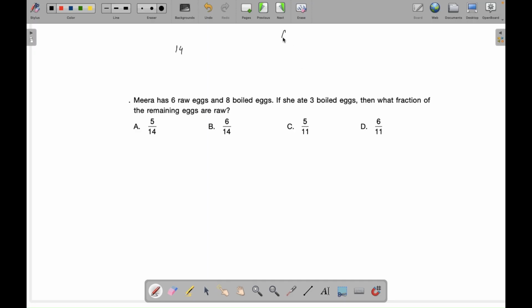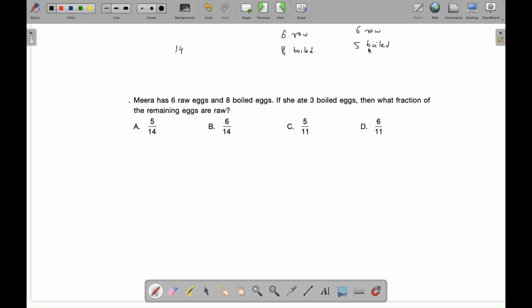So there are 6 raw eggs and 8 boiled eggs, right? If she ate 3 boiled eggs, how many boiled eggs are remaining now? So this is the earlier case. Now we have 6 raw eggs, and instead of 8, we have 5 boiled eggs. So this is what is remaining. This is what she started with, which was the total number of eggs.